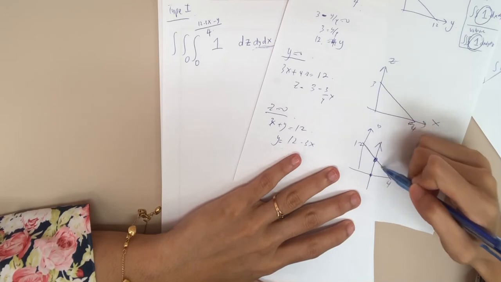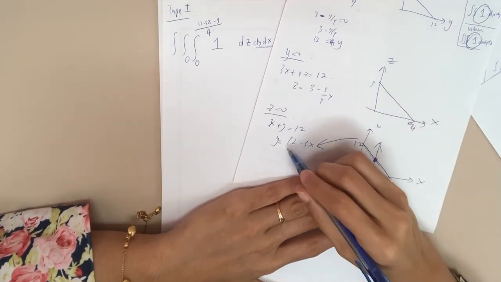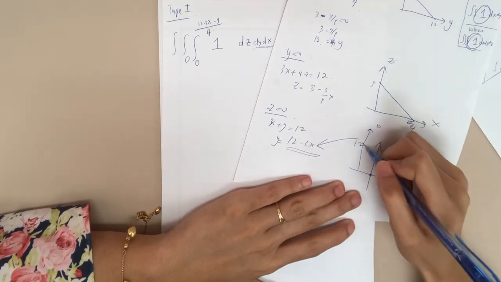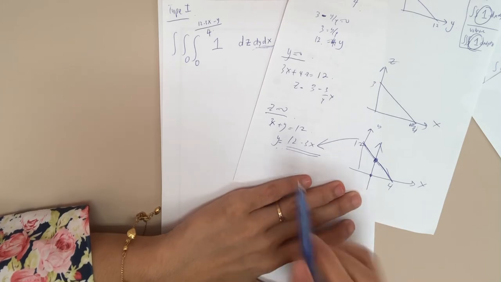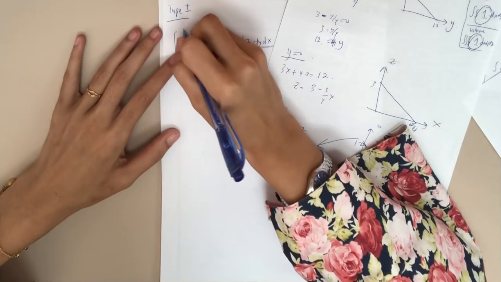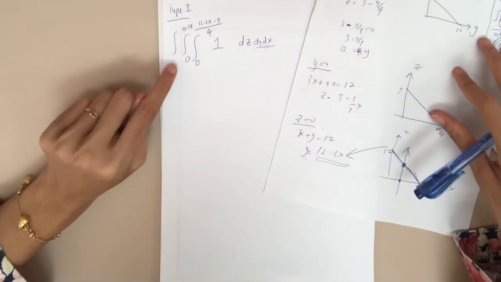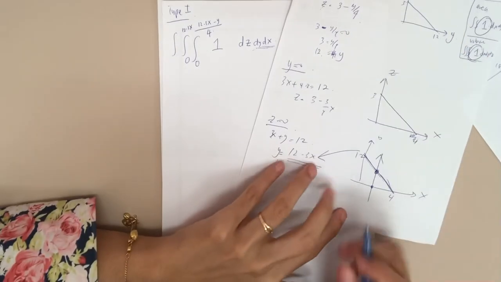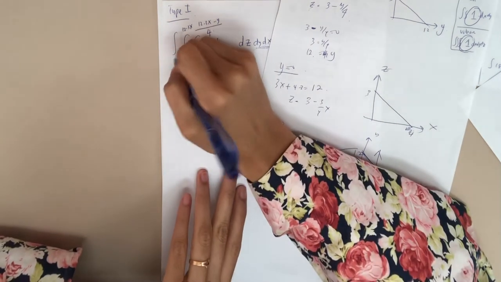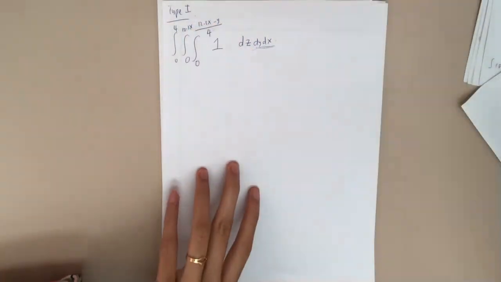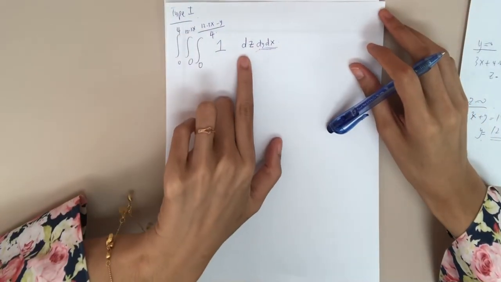This line is y equal to 12 minus 3x. And how about the x limit? You just refer to the graph. It starts from 0 and ends at 4. So 0 to 4.